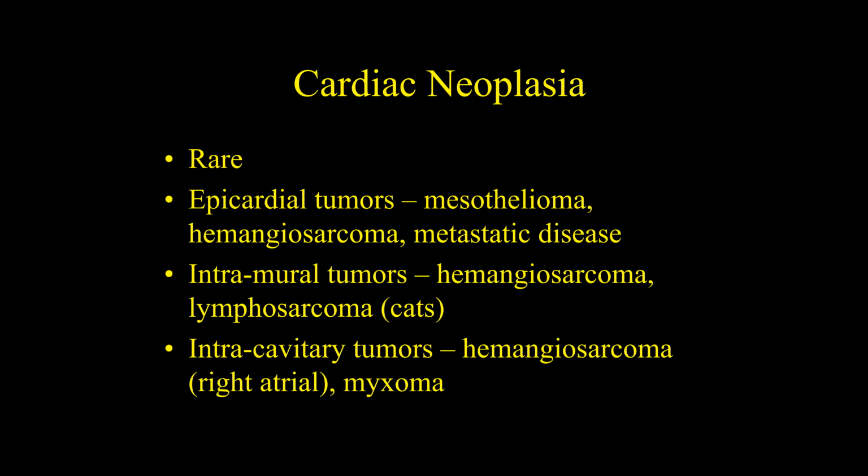Okay, so we kind of covered acquired valvular disease or the mitral insufficiency. The mitral insufficiency, is that a disease of small breed dogs, large breed dogs, or cats, or giraffes? If I asked you that on a test, how many of you would pick giraffes? Okay, hopefully not many. How many would pick small breed dogs?